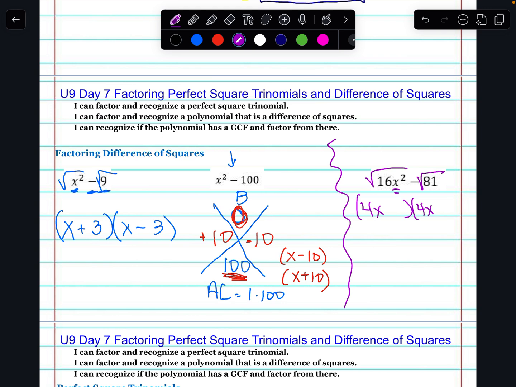And the square root of 81 is 9. And the only way that I can get it so there's no middle term, that middle term is 0, is if one is a plus and one is a minus. And that's your difference of squares. Your factors, so these are your answers down here. Here, here, and here.